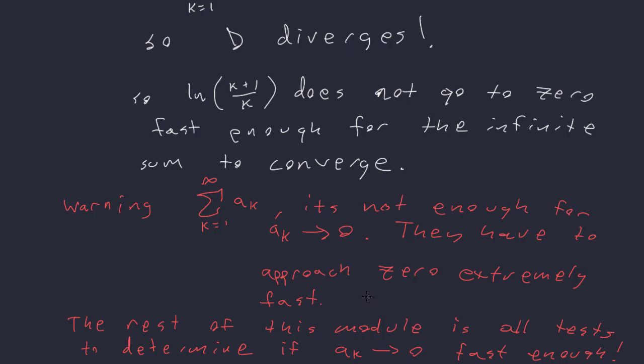So, are we lost in that case? And the answer is no. In the next sections, we will look at tests for series that aren't telescoping. Okay, so I think this is enough of a brain melter for today, and I will catch you all on the next one. Cheers.